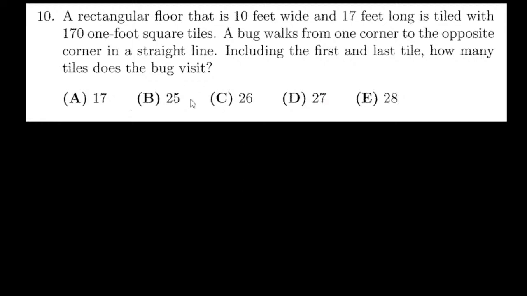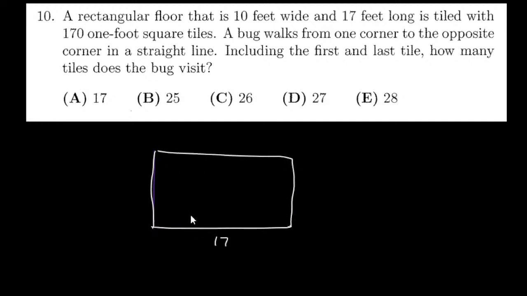So 10 feet by 17 feet. Suppose this is the shape, something like this. This is 17 feet and this is 10 feet. So in total, how many tiles are there? 170 tiles are there like this.